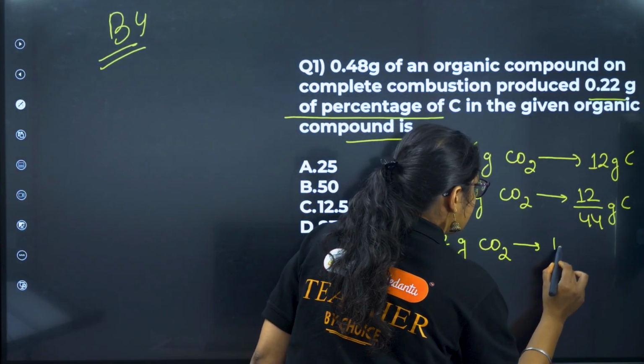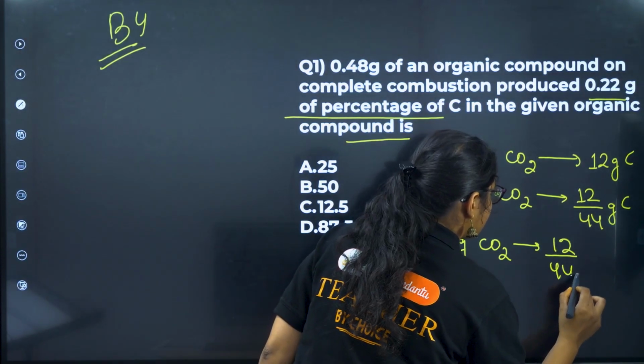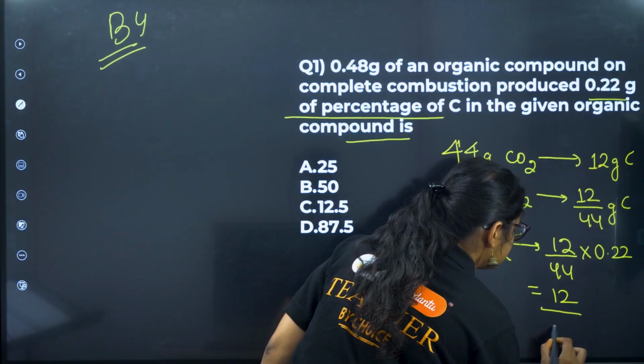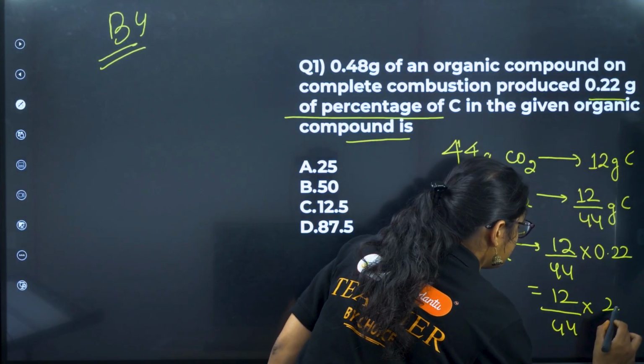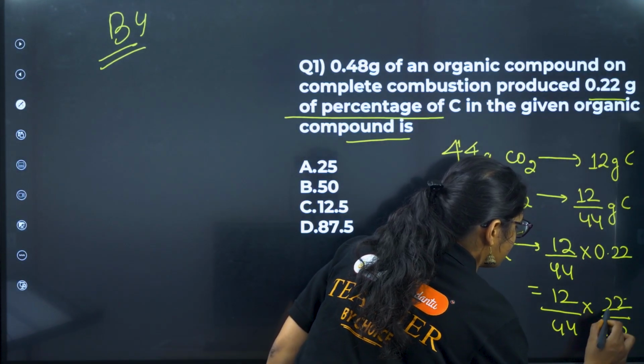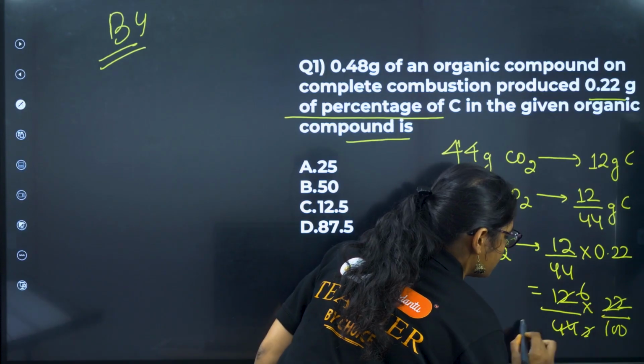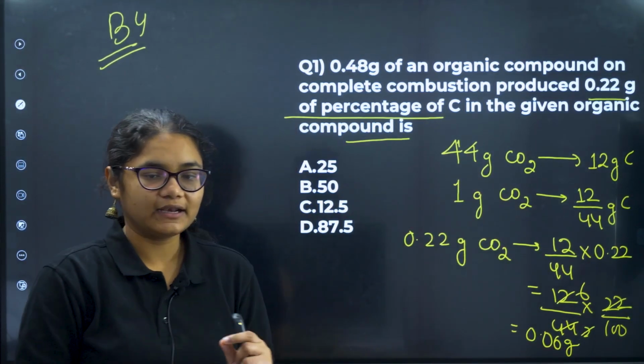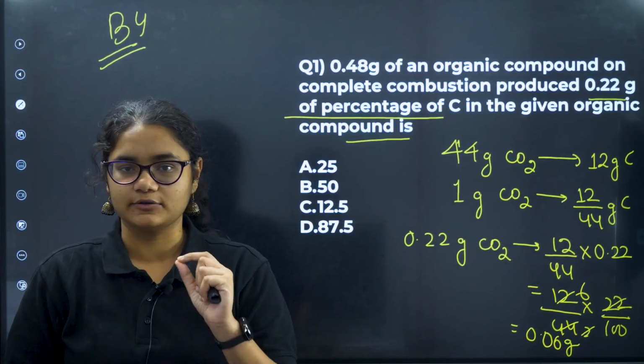So the carbon will be 12 by 44 into 0.22, right? So I can write it like this, 22 by 100, so 0.06, right? So the carbon that was there in this organic compound is 0.06 gram.